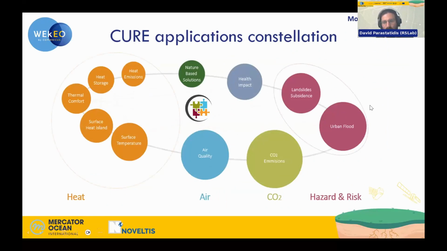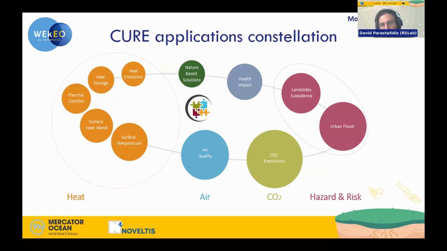In WEkEO, we developed an umbrella application, the WEkEO portal, which consists of 11 individual cross-cutting applications. The applications focusing on the heat variable provide products related to the local scale surface temperature dynamics, the surface urban heat island, the urban thermal comfort, the urban heat storage, and the urban heat emissions.